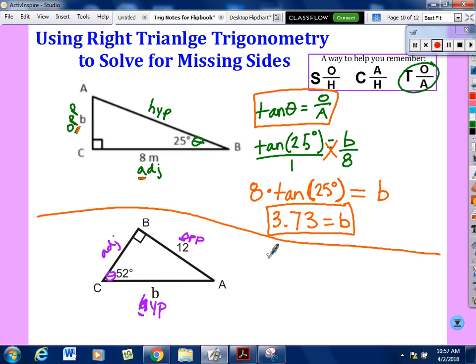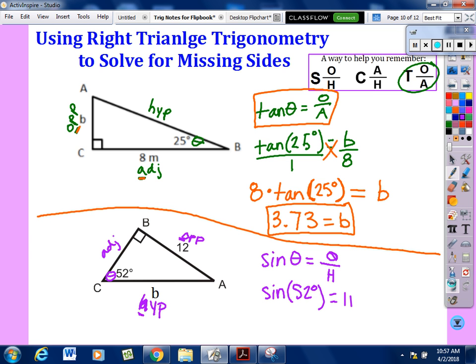So your sine equation looks like this: sine of theta equals O over H, and plug in what we know. We know the theta is 52, so that's 52 degrees. We know the opposite side is 12, so I plug in 12. And then we know the hypotenuse, in this case, is the B. Or you can put X if you prefer.